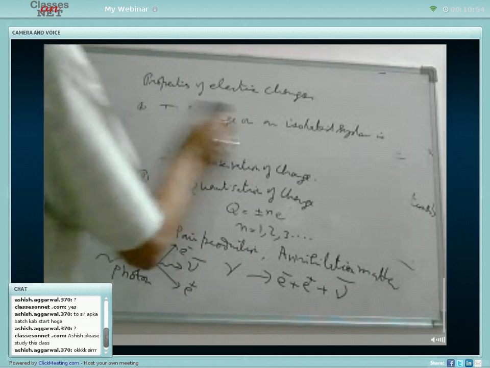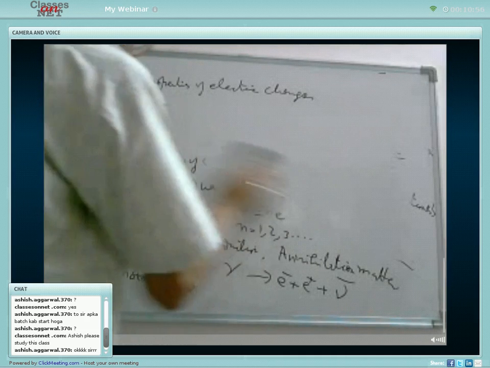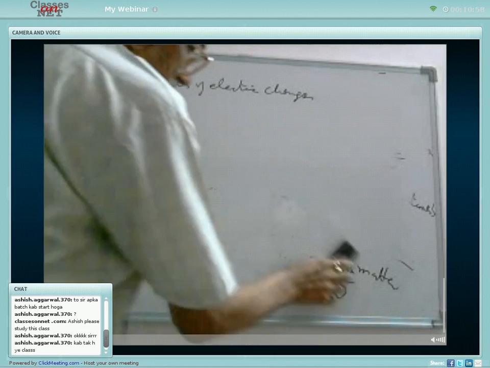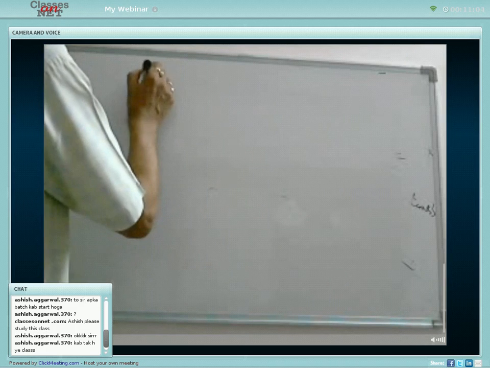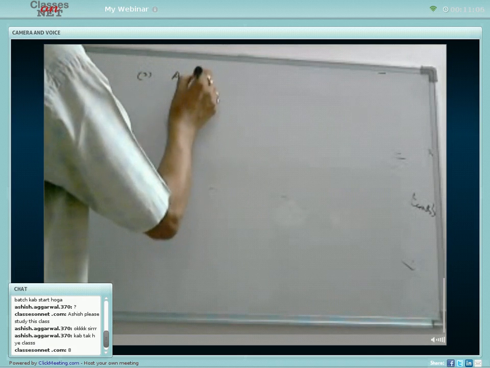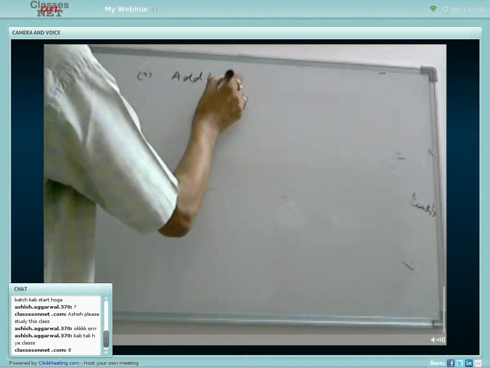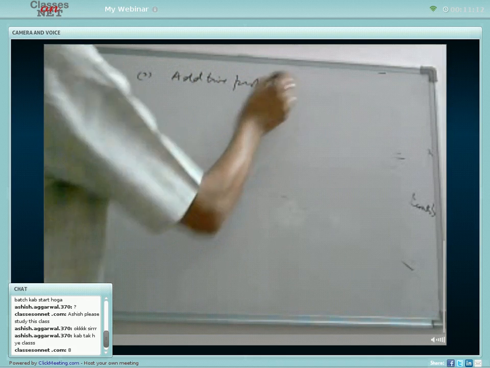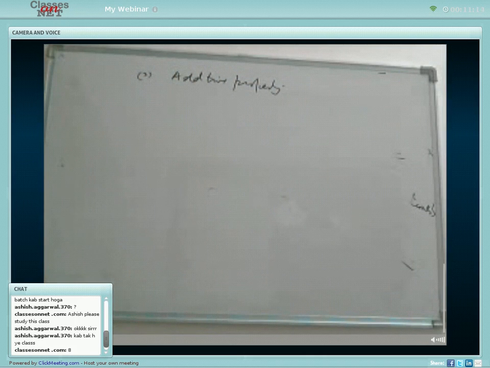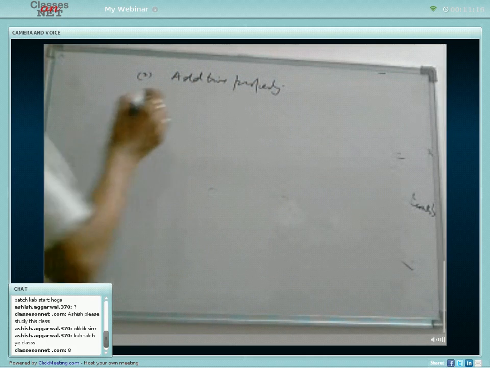Another property of electric charge is the additive property. That means charges can be added just like scalar quantities.